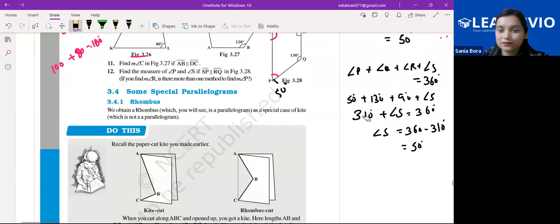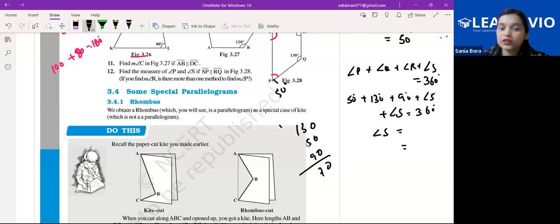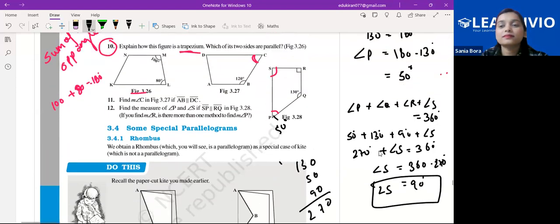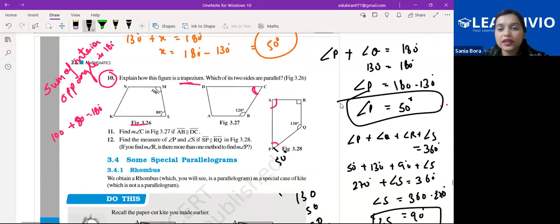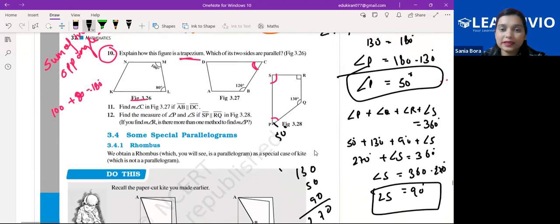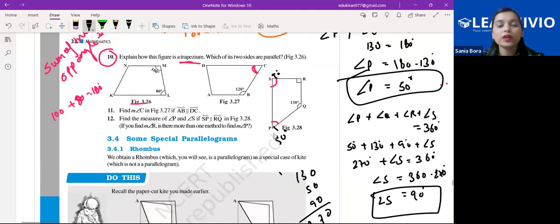Wait, I added it wrong. 50 plus 130 is 180, not 310. 130, 50 and 90, what do you get? 270, right? And then 360 minus 270 would be 90 degrees. So S would be 90 degrees. Fine. So P is 50 degrees and S is 90 degrees.